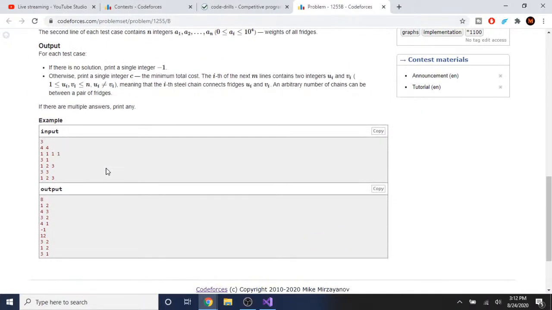One, two, four, three, three, two, four, one. Okay, but you know what? We're going to look at the test cases and we're going to draw this out because I don't understand. Let me see.